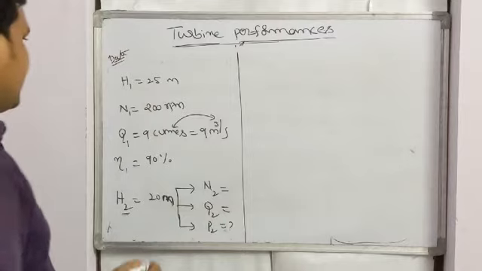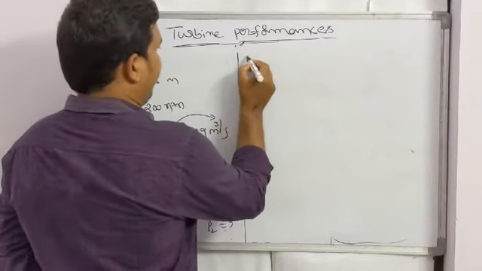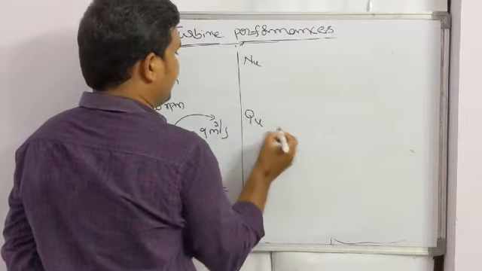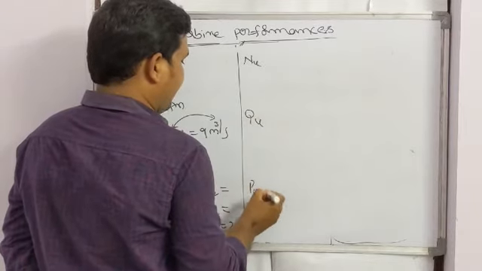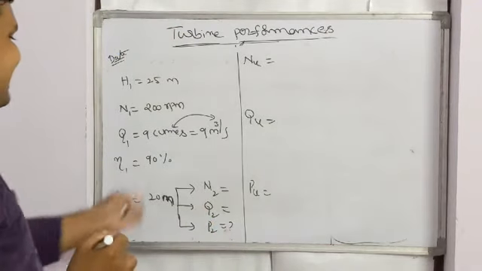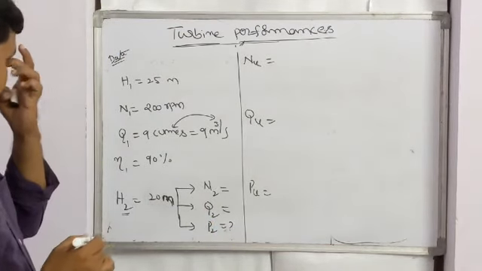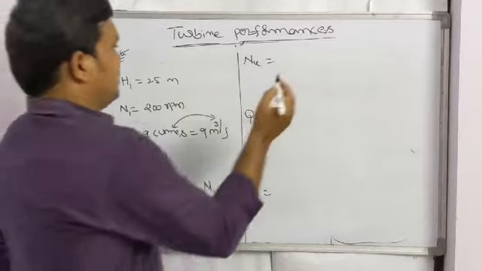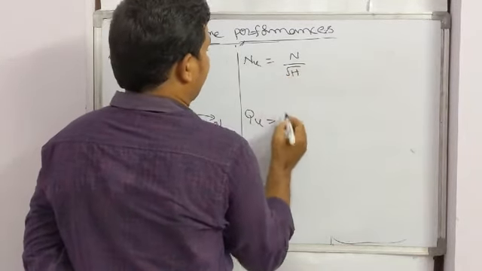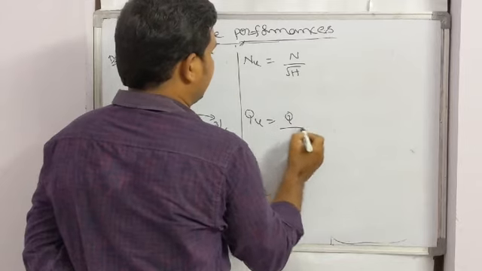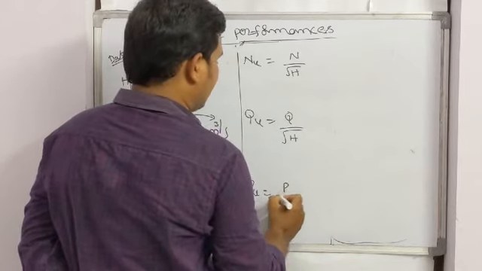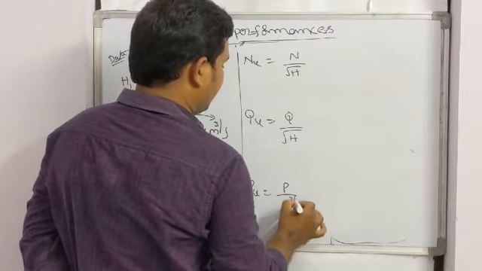As in the previous case, first we find out NU, QU, PU. By using the unit quantities, we may calculate the second case values of the given problem. NU is nothing but N by root over H. Unit discharge is Q by root over H. Unit power is nothing but P by H power of 3 by 2.